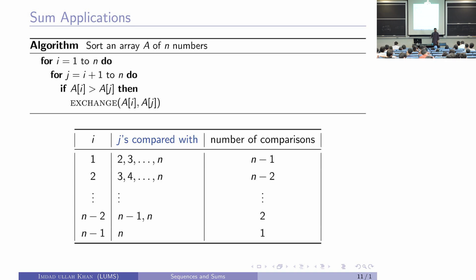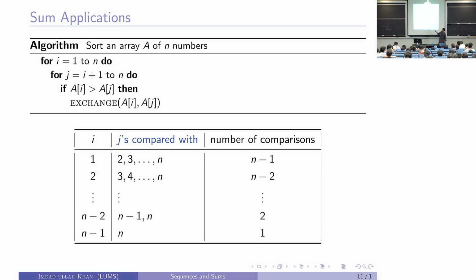Who is A2 compared with? A3, A4, A5, and so on, right? Is it clear? A(n-1) is compared with An only, right? When I is n minus 1, J goes from n to n, which means only 1. So An is compared with nothing, right? J is already bigger than n, so the loop will not run. There will be no iteration for that, right?